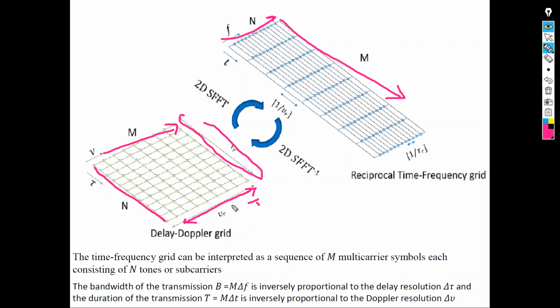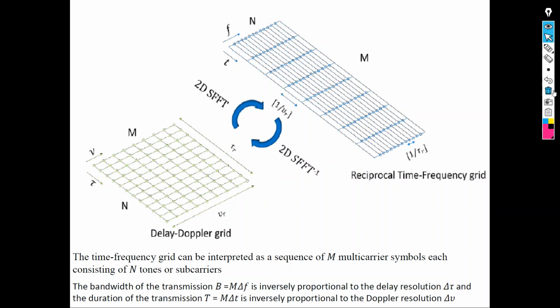Over it, you get the duration of one OFDM symbol. Okay, clear? So the bandwidth, if I ask you about the bandwidth, is basically M delta F, and the total duration is M delta T.